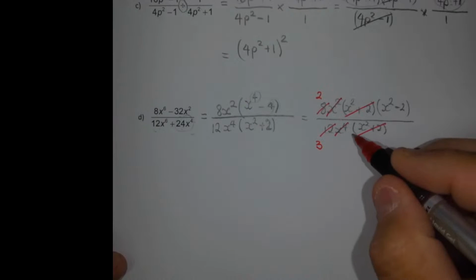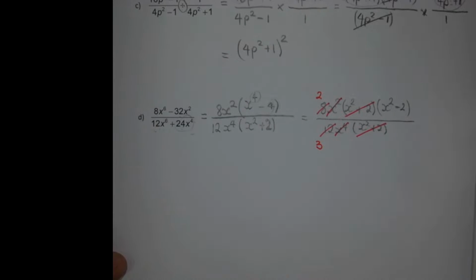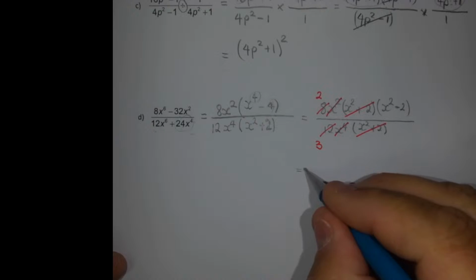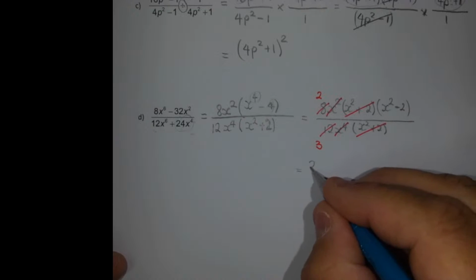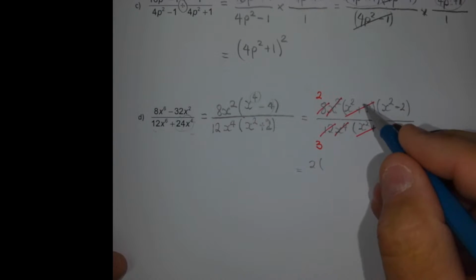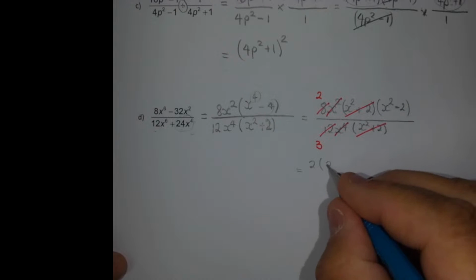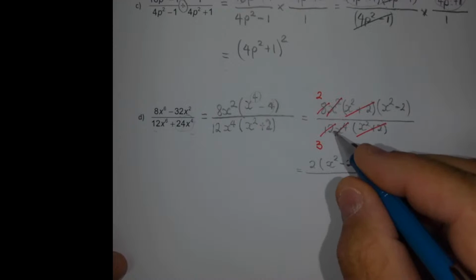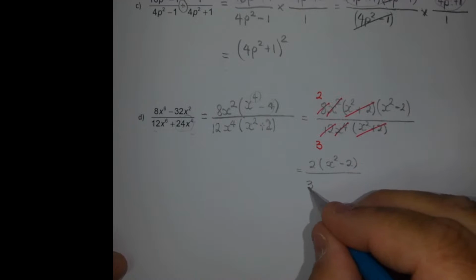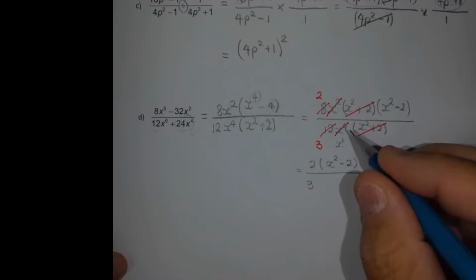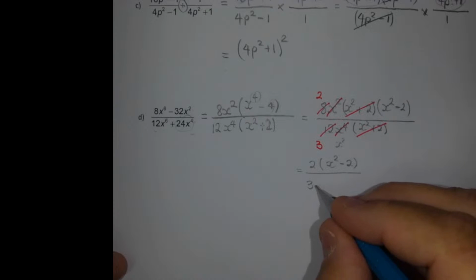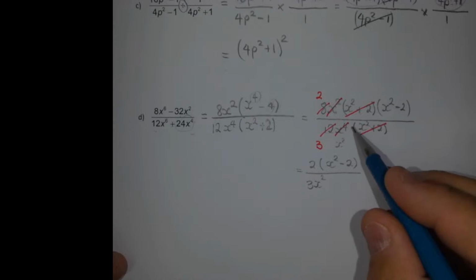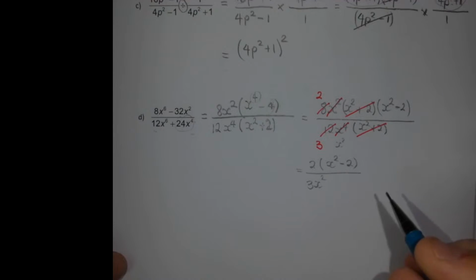So all I've got left here is, in my numerator, 2 times x squared minus 2, over, and in my denominator I've got 3. Remember that I've got the x squared that I was left with here, so 3 times x squared, and there's nothing else because I simplified that.